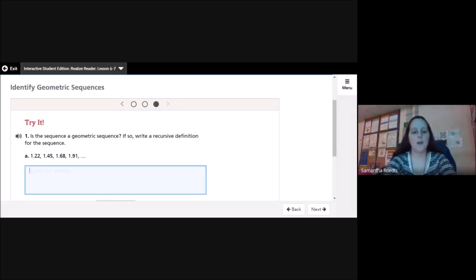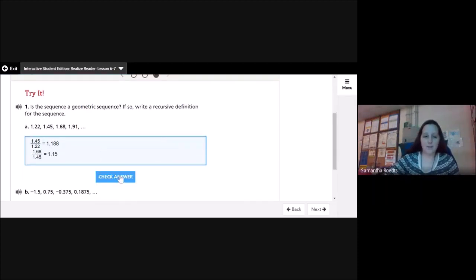So 1.68 divided by 1.45 equals 1.15. So there is not a common ratio. So this is not a geometric sequence.